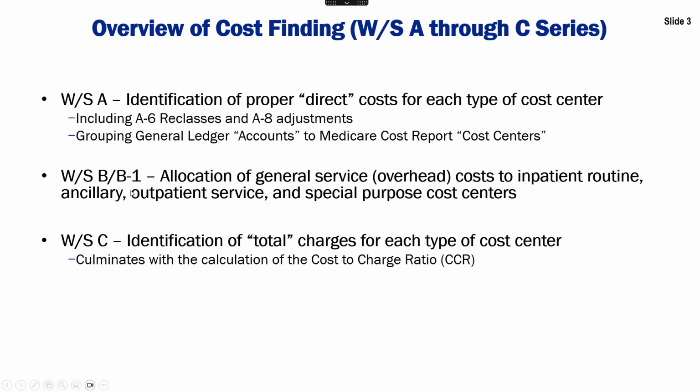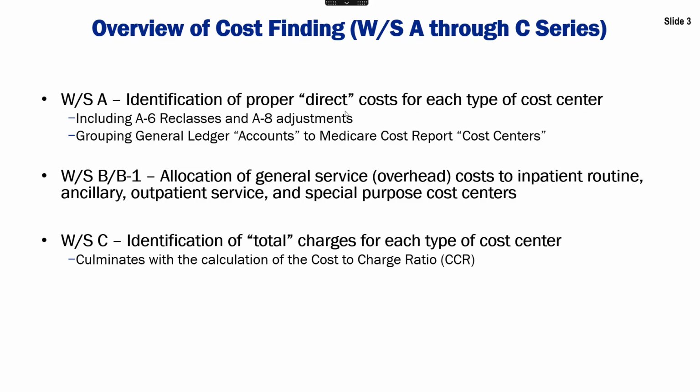Now, Worksheet B and B-1, what we're doing here is we're taking a look at which of those costs in Worksheet A were directly assigned to an overhead cost center, a general service cost center. The term direct here just means that they very clearly relate to that classification of cost.